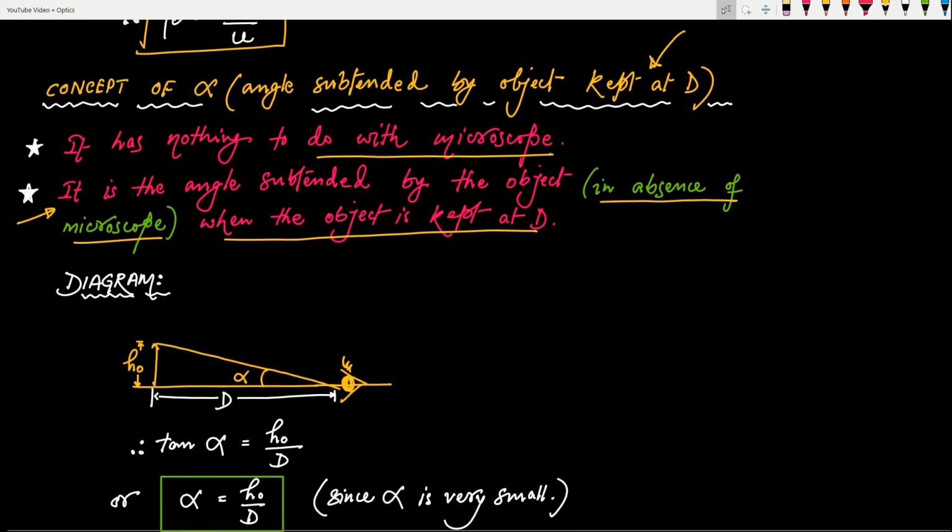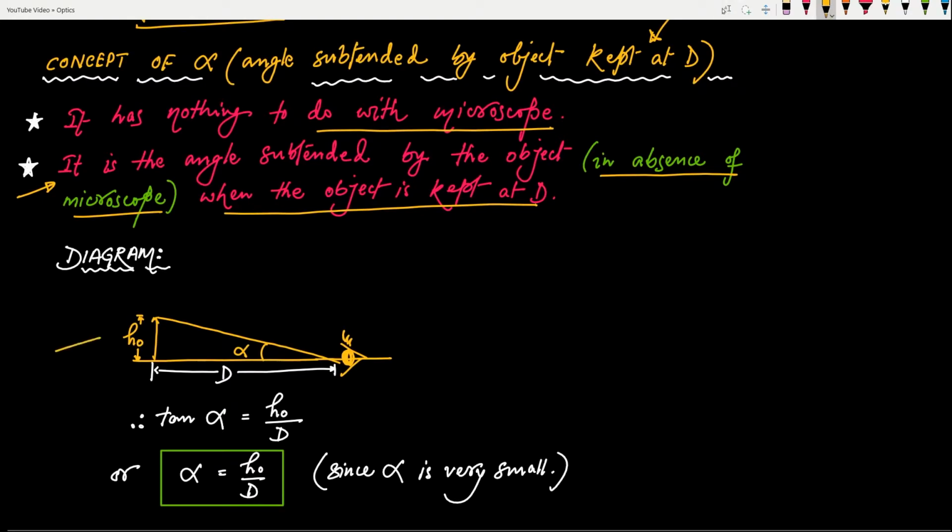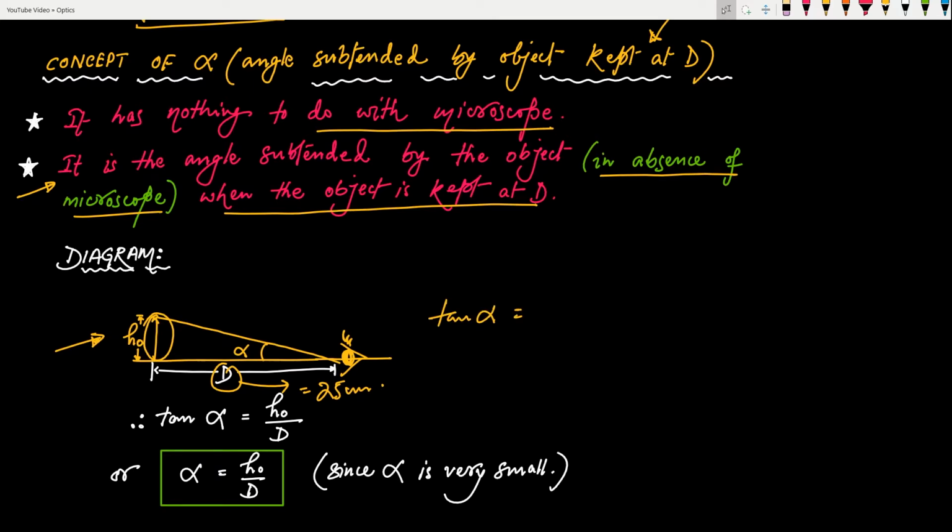Why am I saying that? Let's analyze this diagram and things will be clear. Suppose this is our object having height HO and is kept at a distance d, and we know that d is constant. Okay, d is equal to 25 centimeter, which is constant. Therefore, tan alpha can be written as perpendicular by base. Here the perpendicular is HO, and this HO is constant for a given object. Once we know the value of HO, then that value remains the same for that object, and the base is d, which is again constant, which is 25 centimeter.